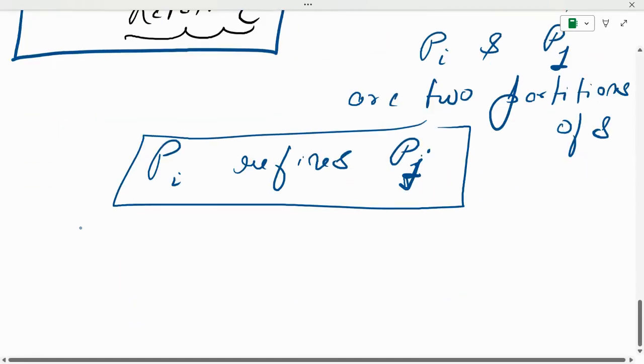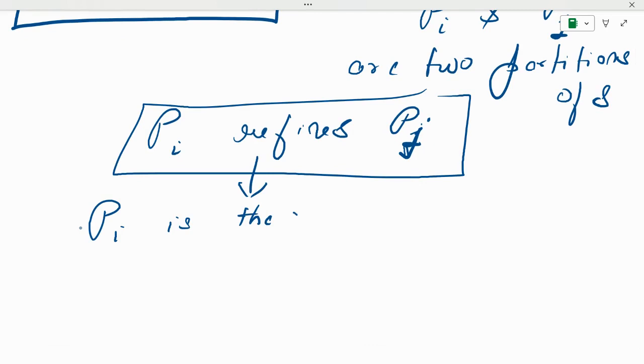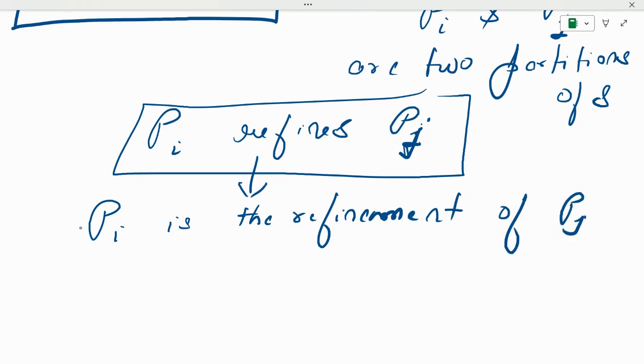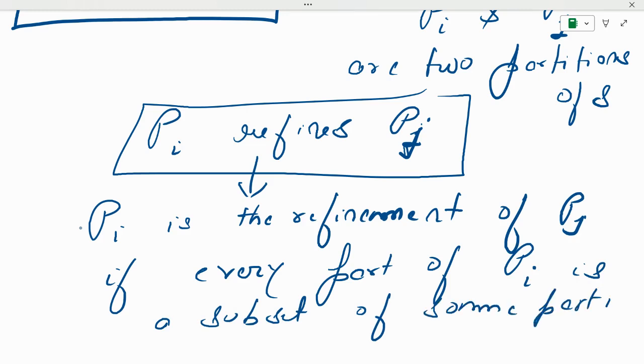Pi refines Pj means Pi is the refinement of Pj if every part of Pi is a subset of some part in Pj.